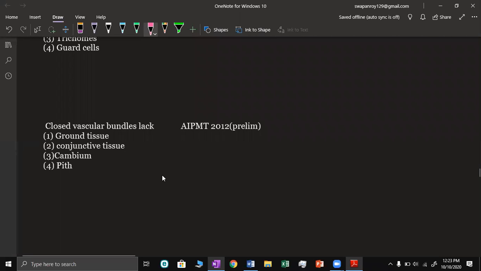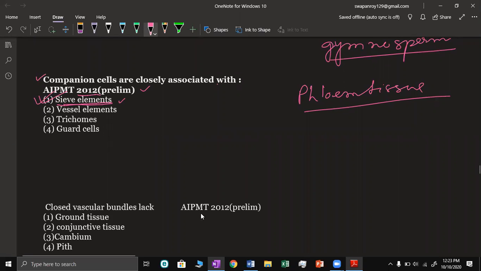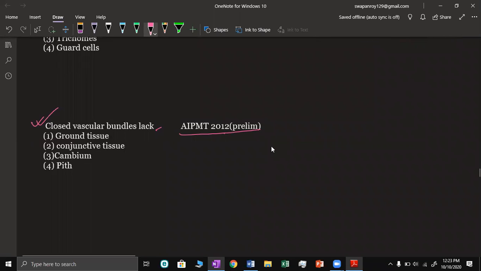Next question also is from AIPMT prelim 2012. So many questions from anatomy. The closed vascular bundles lack what? What is absent from the closed vascular bundle? The closed vascular bundle does not contain cambium.